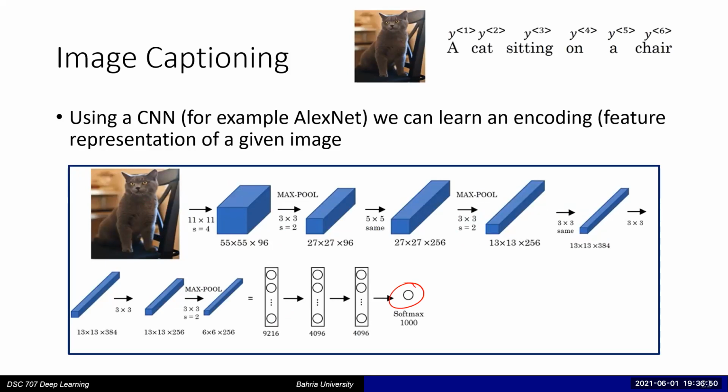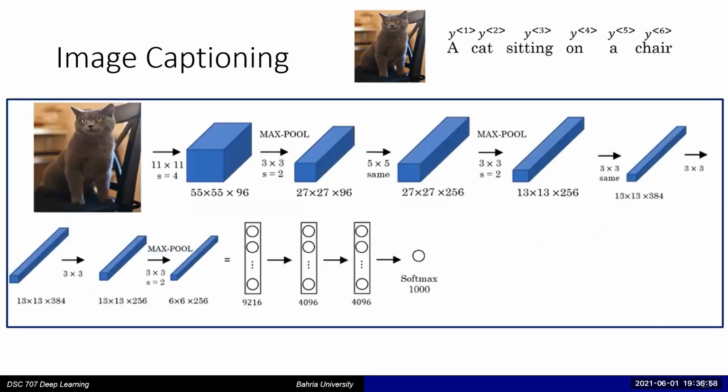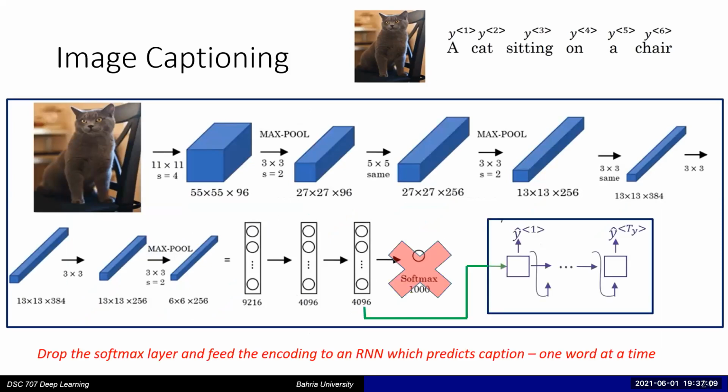We know that this part is a compact representation of this image. Whatever I am feeding to this, eventually I get a vector of 4096 which encapsulates the complete information of this image. So I can drop the softmax part and connect this fully connected layer with an LSTM which produces a sequence of words. So now I will train this model.